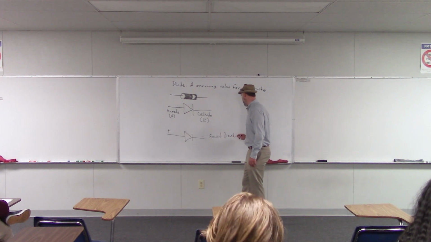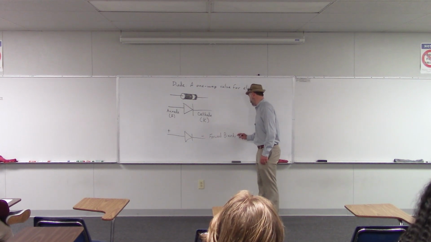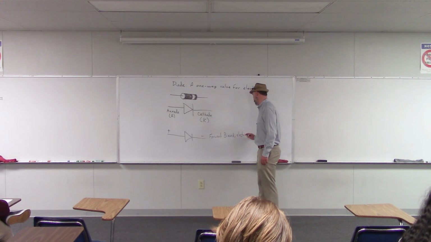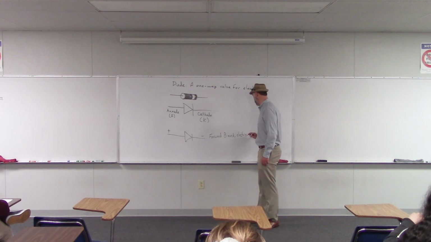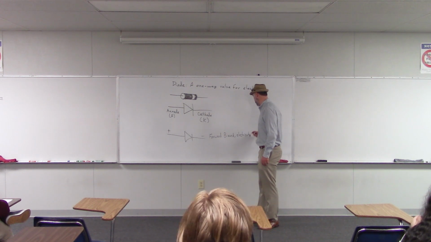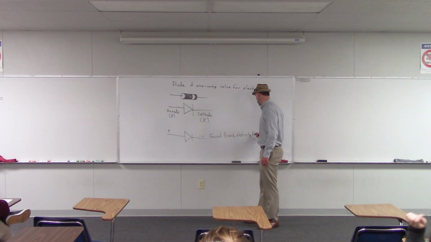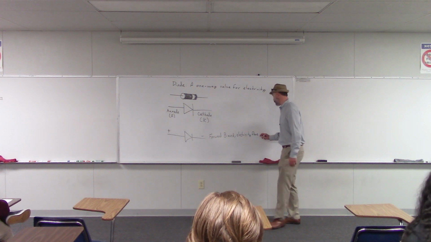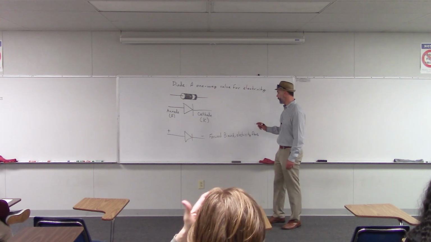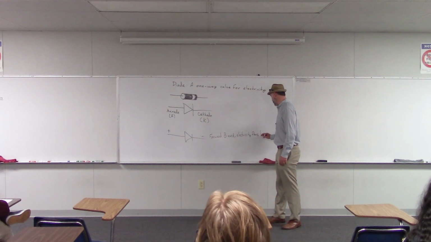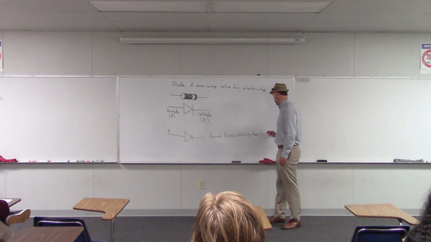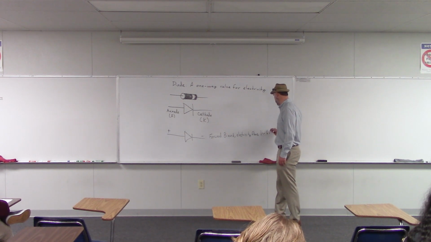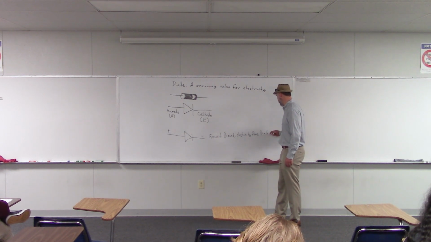And when it's forward biased, the electricity flows. And the voltage across the diode is approximately 0.6 volts or 0.7 volts, somewhere in that range.